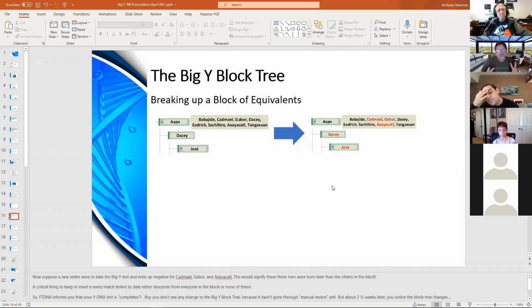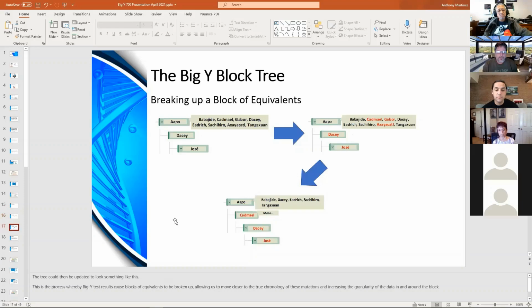So there's this step called manual review. So when you take the big Y and you get an email that says your test is completed, know that the analysis is not, and you still have to wait another 2 weeks. Sometimes I've waited 2 months, but most of the time it's 2 to 3 weeks for the manual review to happen, and then it will look like this.